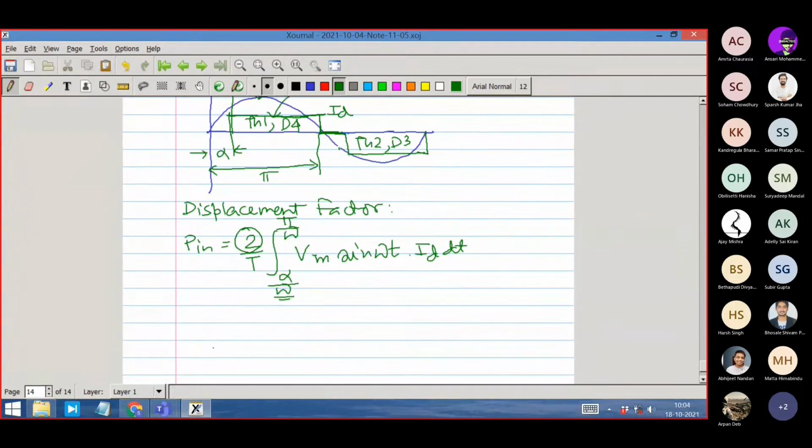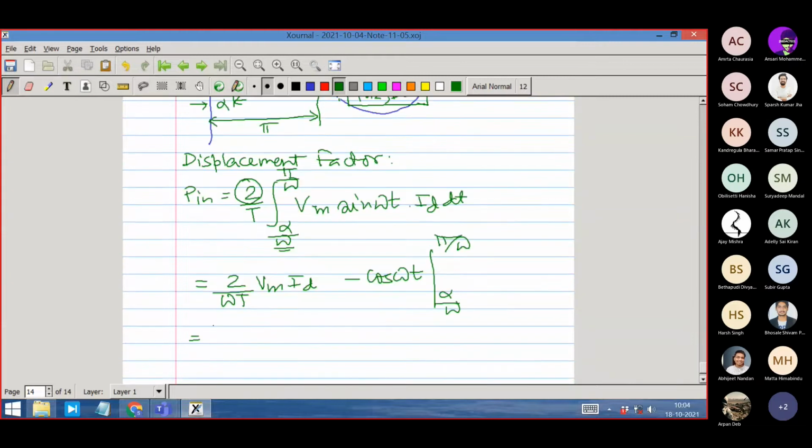So if we do the integration, it is an easy integration. What we'll get is 2 by omega T, Vm ID into minus cos of omega t, and the limit is from alpha by omega to pi by omega.